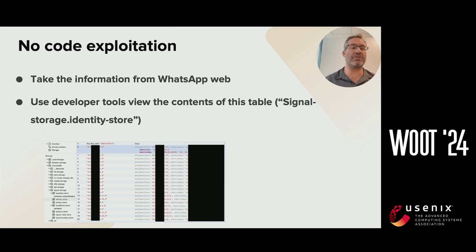So we use developer tools and go to Signal Storage Identity Store, and then we see all of our contacts' devices ID, which is their phone number, and then some number is assigned to them, and also their keys.